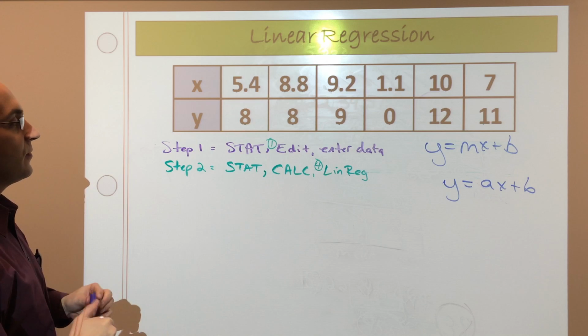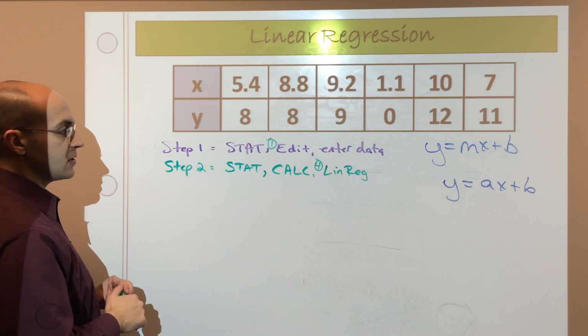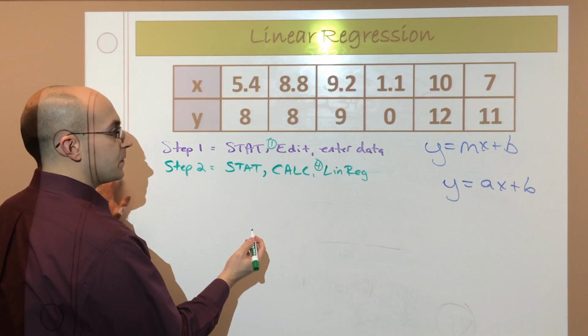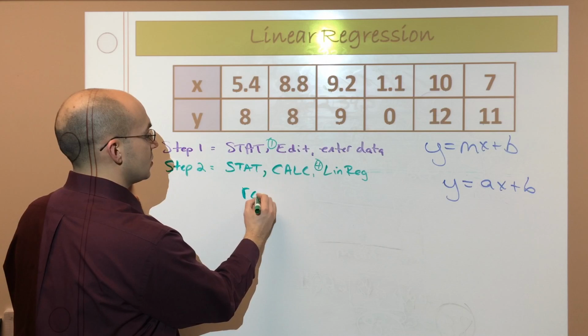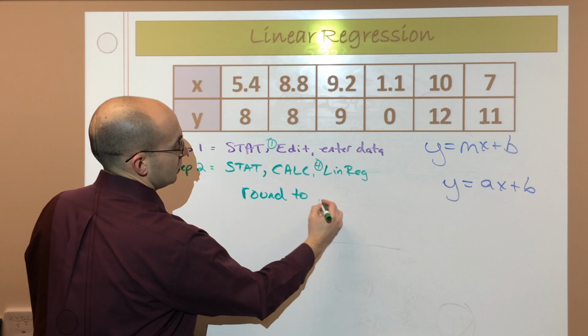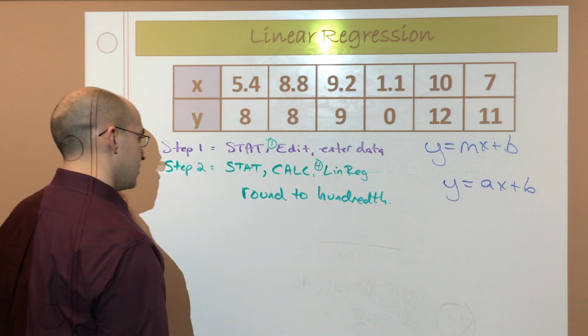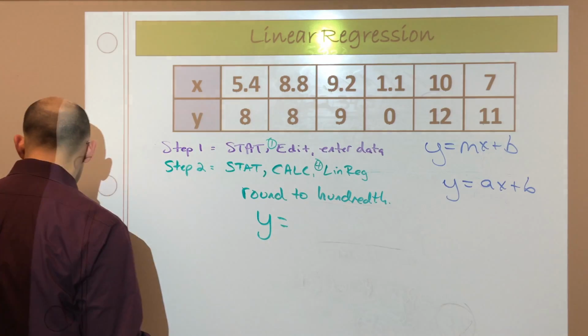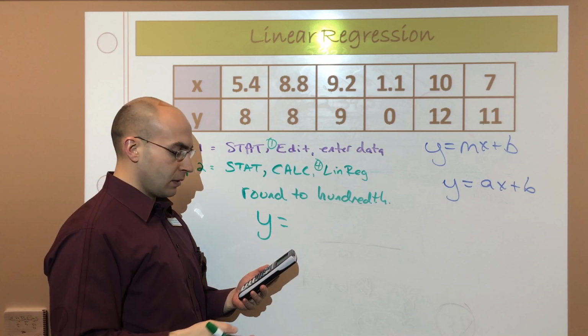Now, if I ask you to write the slope-intercept form of this line, I'm just going to round to the hundredth to make it a little bit easier for you. So it's y equals, and the calculator says A is 1.1285 and so on.